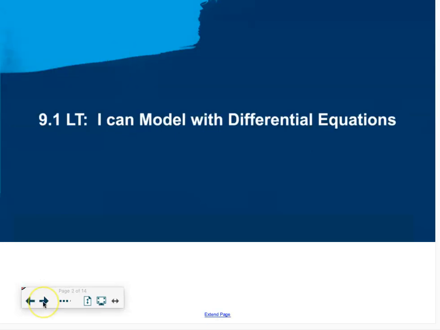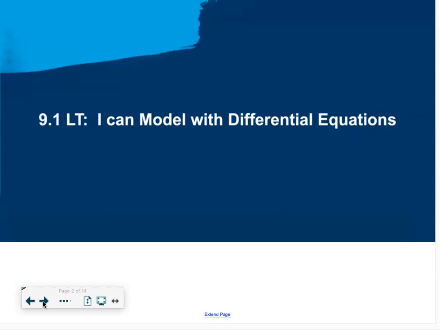So, okay. All right. Today is modeling. They're kind of starting you with applications of differential equations, just so that you get a general idea of how differential equations can be used.